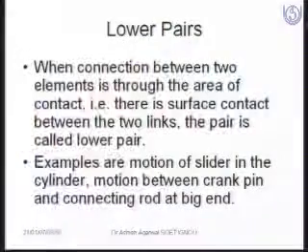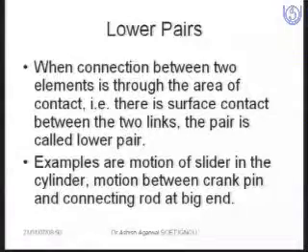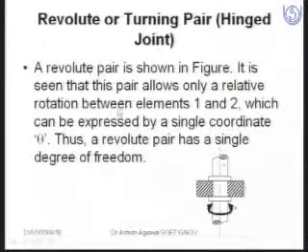For example, first is called the lower pair. If the contact between two links is a surface contact, then there is a formation of a lower pair. Examples are the motion of a slider in the cylinder or the motion between crank pin and the connecting rod.